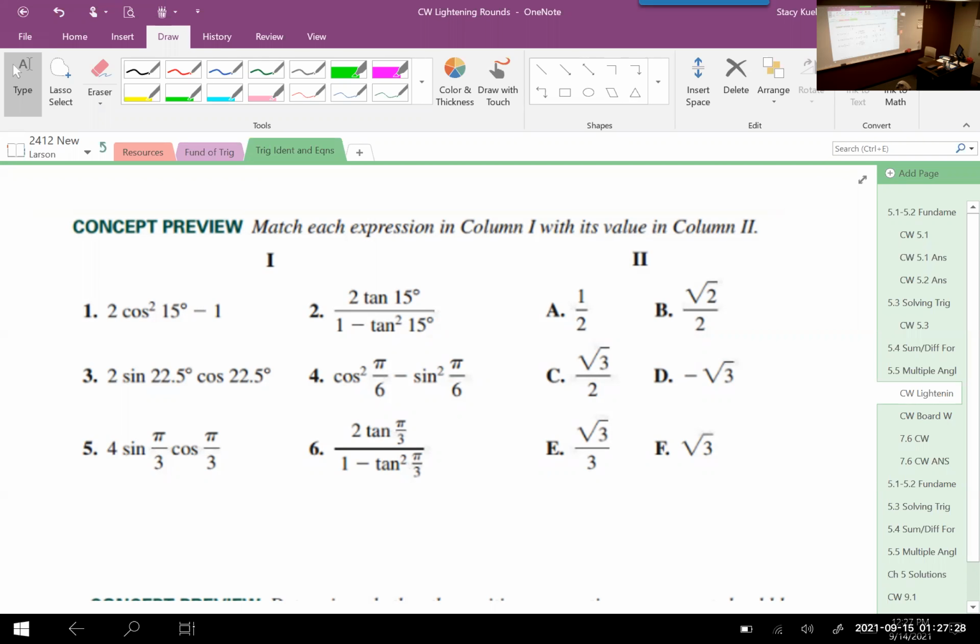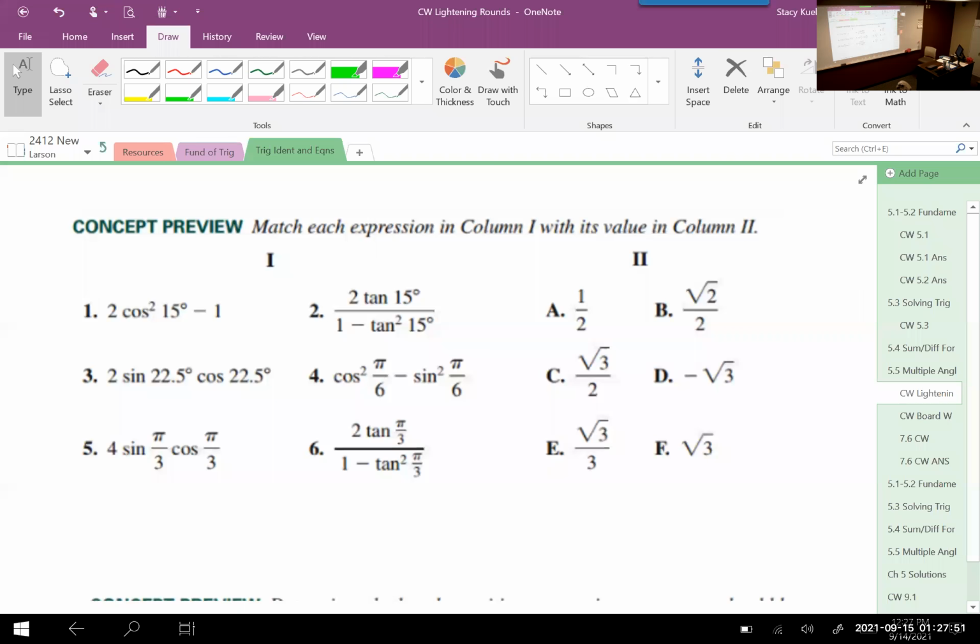That's the same thing as sine 2 times the angle. So it's sine 2 times 22.5.